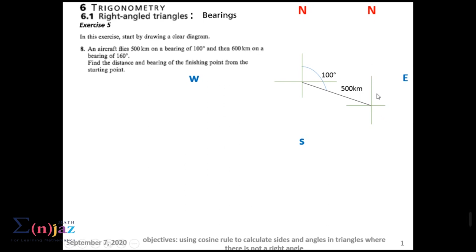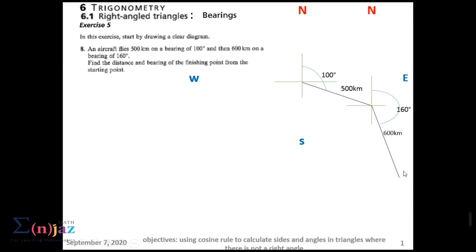And I know this is 90, this is 90, so all this is 180. And what I really want is the 160, so it's going to be somewhere here, or you can just measure it. So this is my 160. I know the direction of the line that's going to be 600 kilometers long.